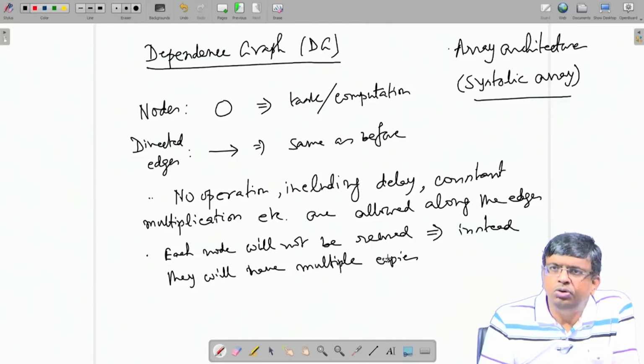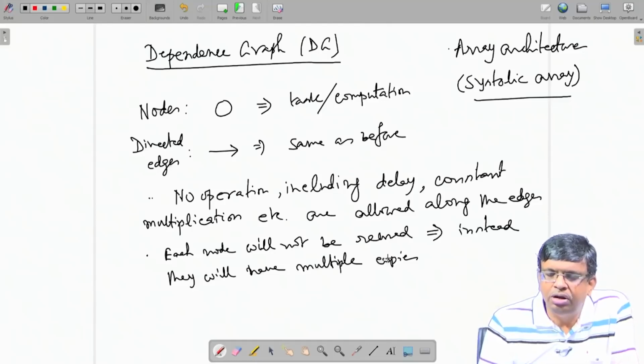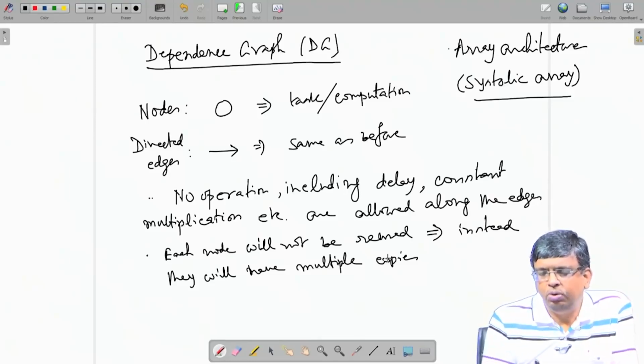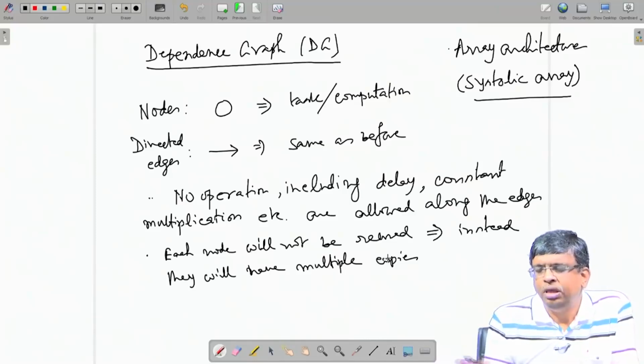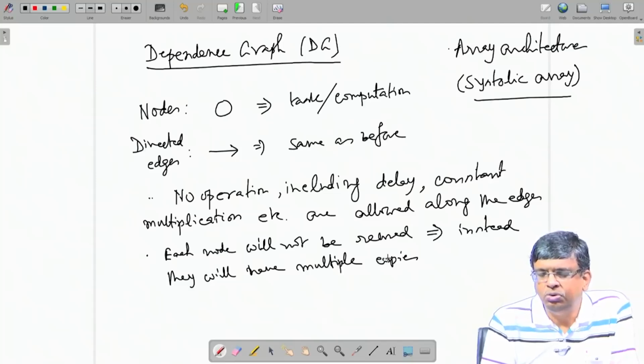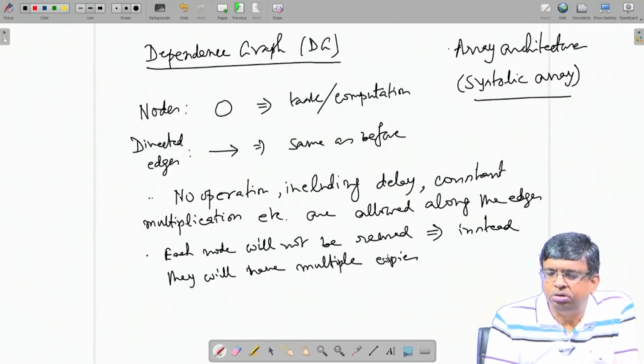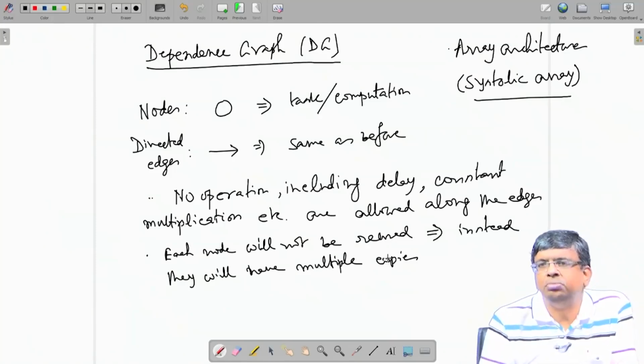Okay. Now, when you draw a dependence graph, what is the advantage of the dependence graph? You will see that a very regular pattern of connections and nodes will emerge. I mean, whatever appears in a particular sector, the same thing will repeat here. So, this is very good for VLSI realization, because in VLSI what they do is produce a mask of a particular spot, and then you keep repeating the mask, and the entire circuit builds up.